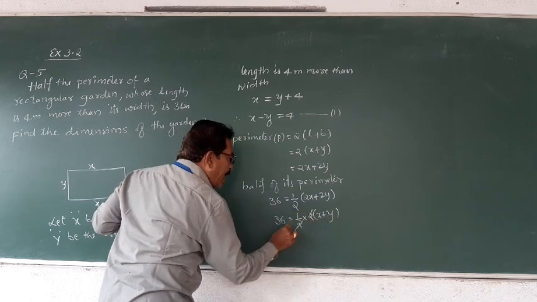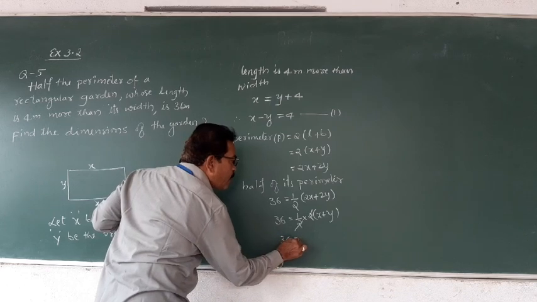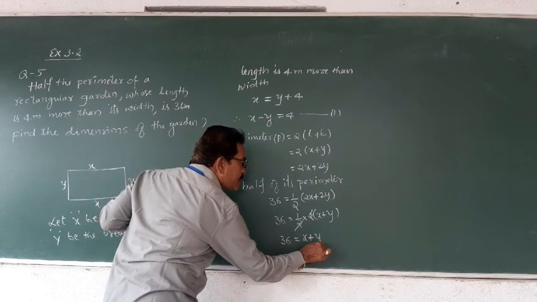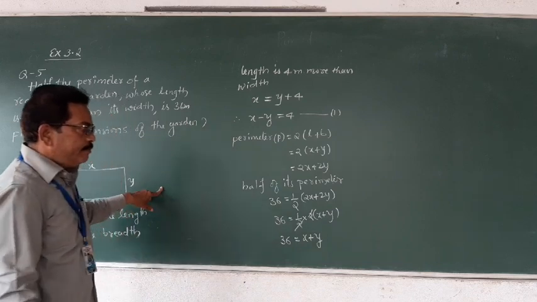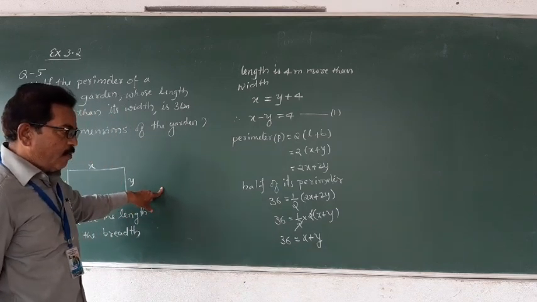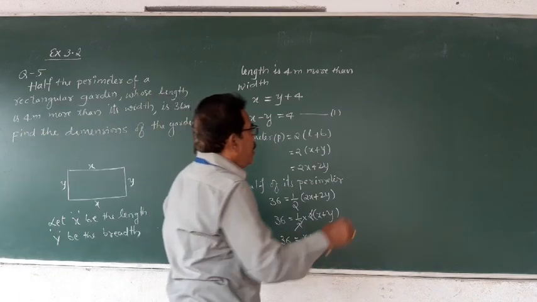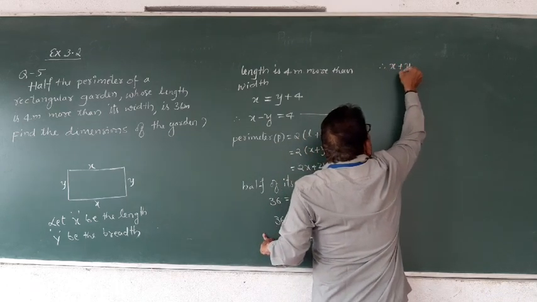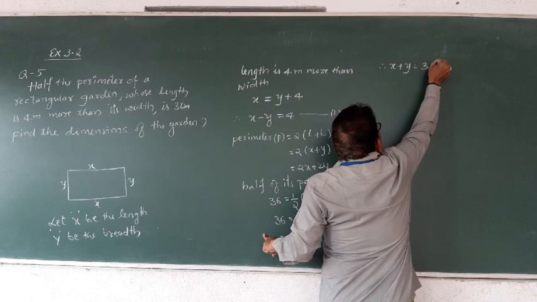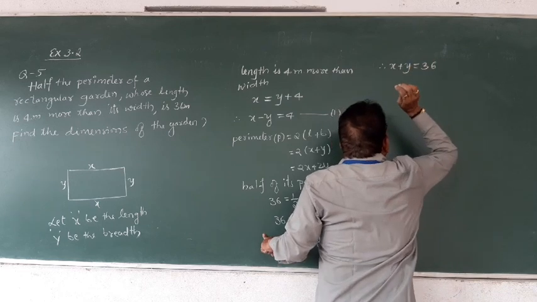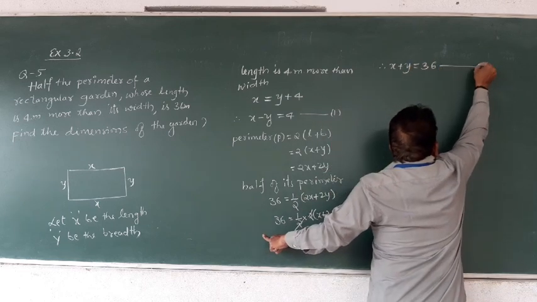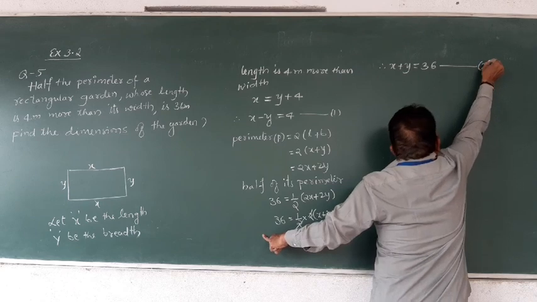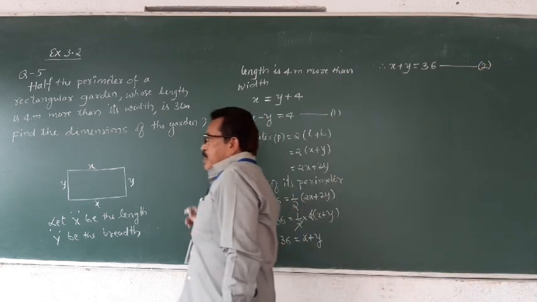So 2 cancels. 36 equals x plus y. So x plus y equals 36. This is the second equation.